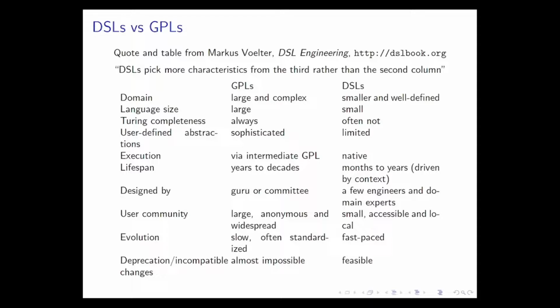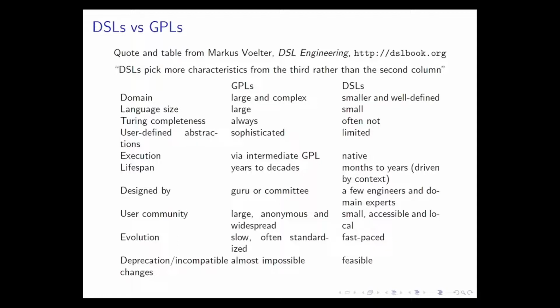But basically speaking, DSLs pick more characteristics from the third column than from the second column. So we're looking at things like, a domain-specific language is going to be typically a small language, and that means it can be quite well defined. Because there isn't too much to define, there aren't too many features. And that in turn has effects such as it's relatively easy to support them by tools.